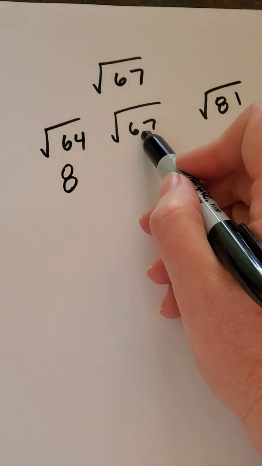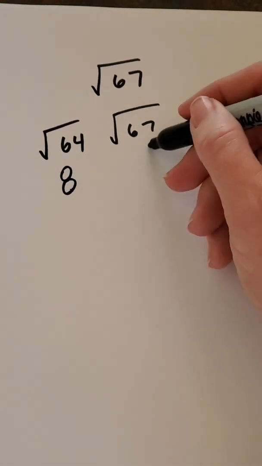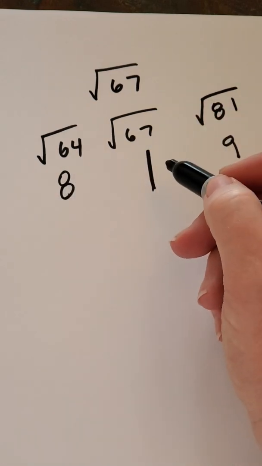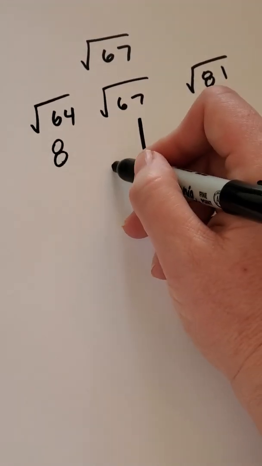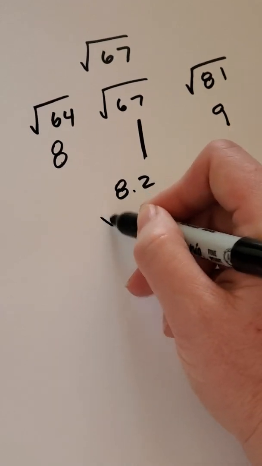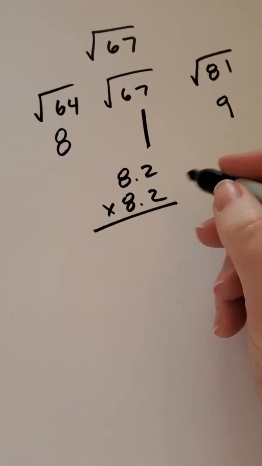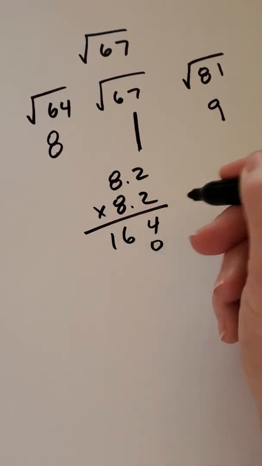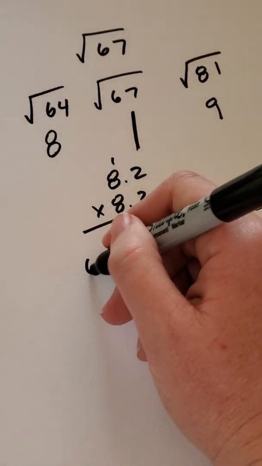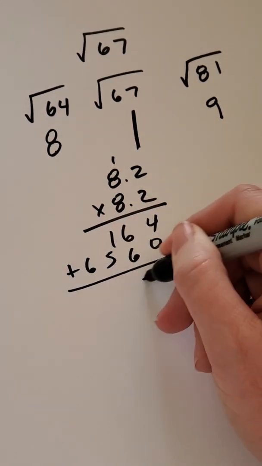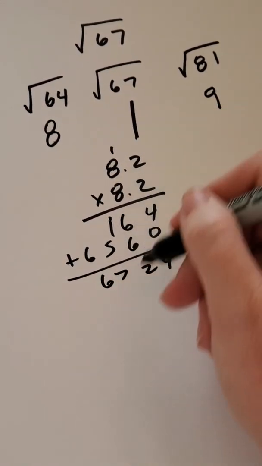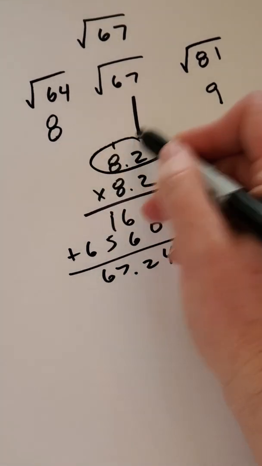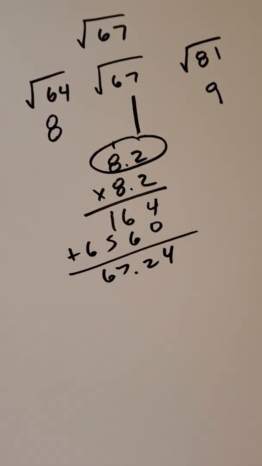Now this one is very close to 64, so it's not going to be 8.5 right in the middle. It's going to be closer to the 8. So maybe 8.2. Let's try 8.2 times 8.2. And you can use a calculator when you're doing this part. Ooh, we got 67.24. That is pretty close. I'm going to go with that answer. It's going to be around about 8.2.